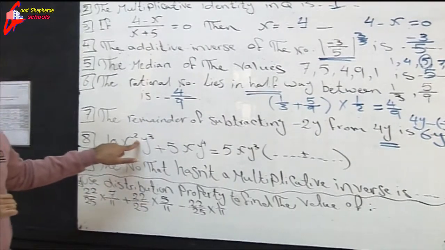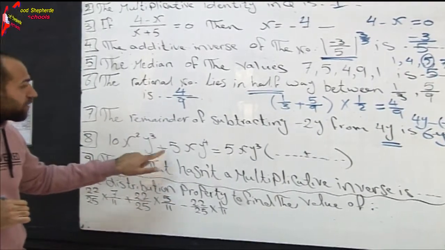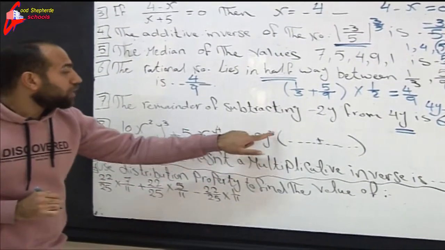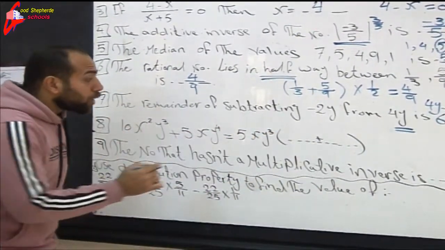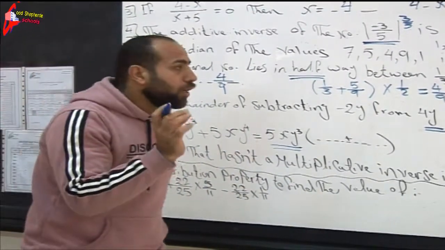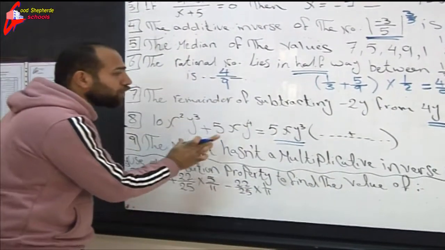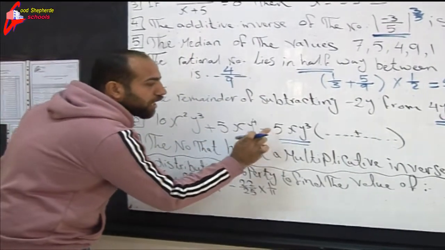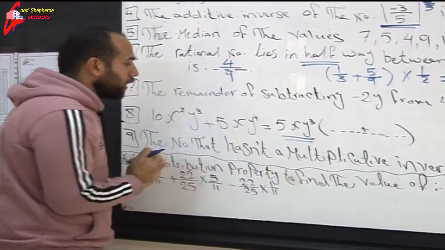10x squared y cubed plus 5x y to the power 4 equals 5x y cubed, bracket. In this question, he wants us to factorize this expression by identifying the HCF. And the HCF is 5xy cubed.